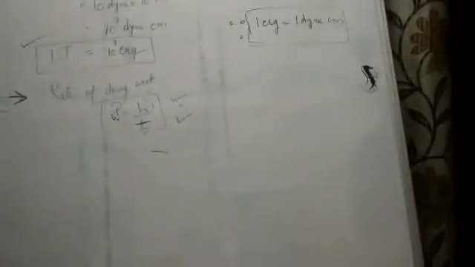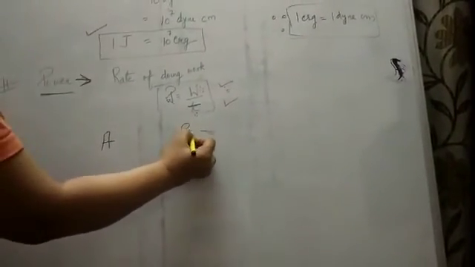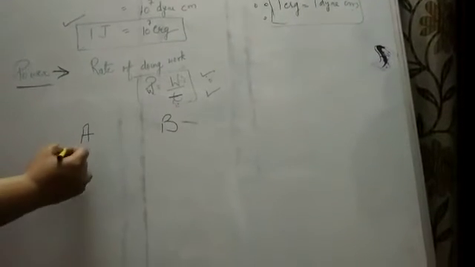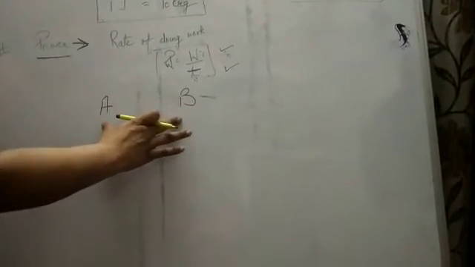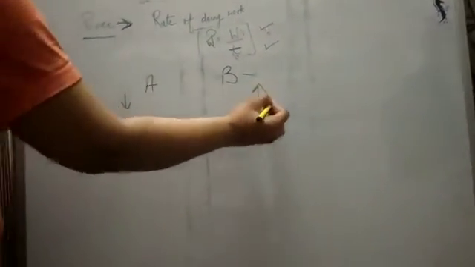Now if there are two coolies, let us suppose there is coolie A and the other one is B. To do a particular work, A is taking less time and B is taking more time. So whose power is more? But of course, who is taking less time?